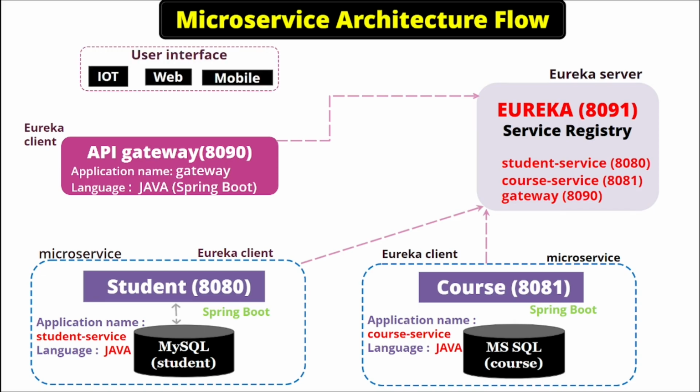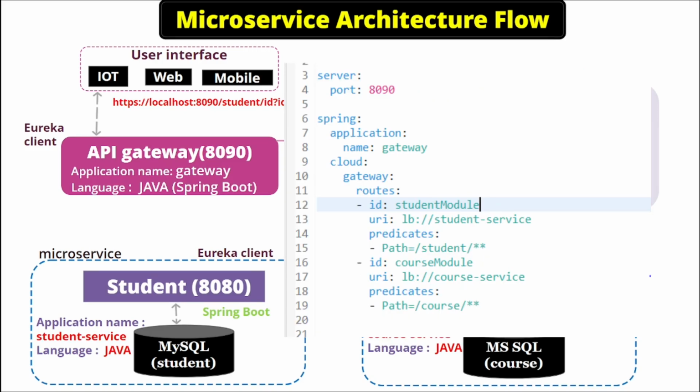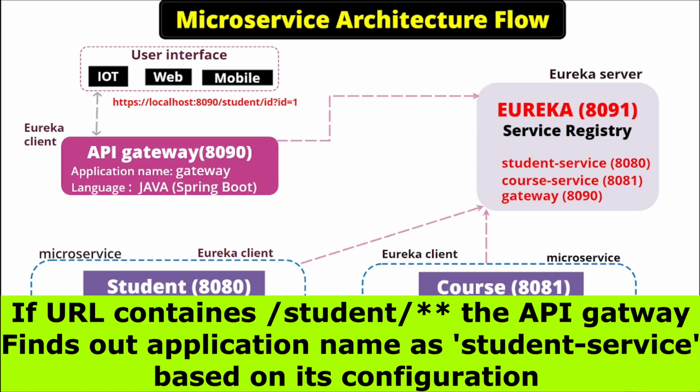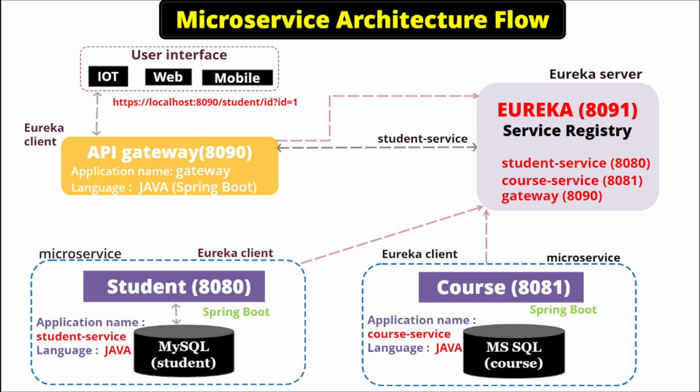Now whenever a user interface calls the API gateway with a URL, the API gateway first of all scans the URL and then finds the application name for this URL based on the configuration in its configuration file. Once it gets the application name, it calls the Eureka server to get the address for that application name. Once the Eureka server returns the address, the API gateway calls that particular microservice.